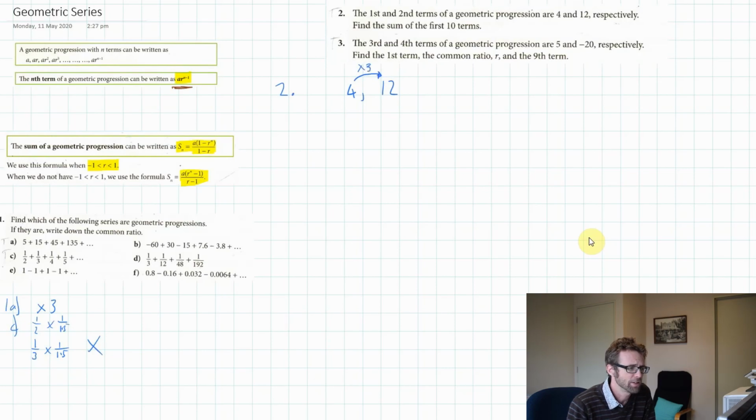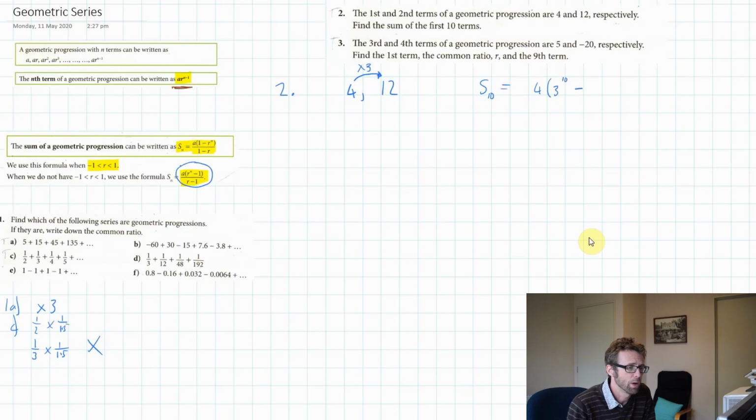Now to find the sum of the first 10 terms, S10, is going to equal, now we're going to use this over here, a, my a value is 4, times r, now my r value is 3, and I'm doing this to the power of 10.